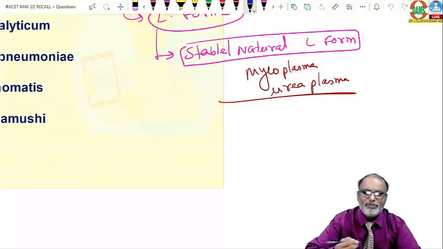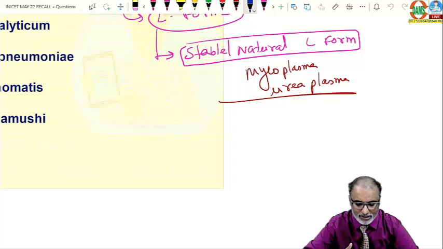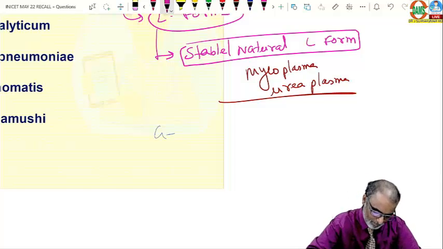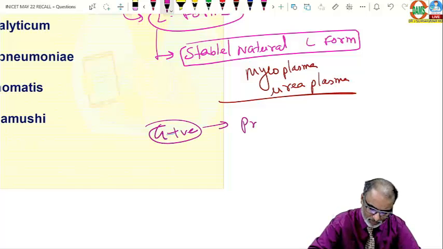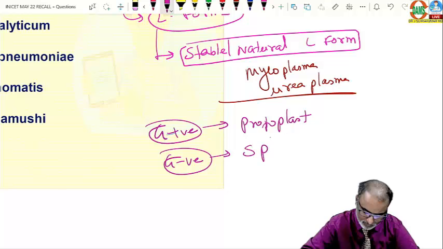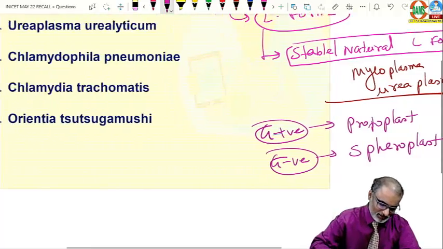After a period of time they will become L form. They have the cell wall, but in the presence of some agent, they will lose the cell wall. If gram positive, when they lose the cell wall, we call them protoplast. If gram negative, when they lose the cell wall, we call it spheroplast. Protoplast and spheroplast.